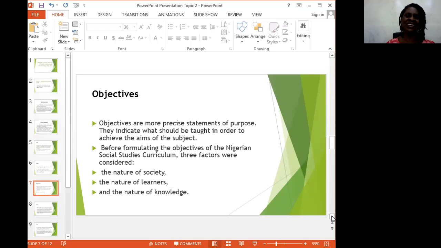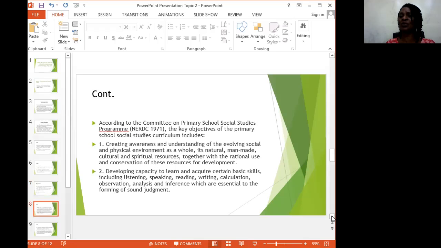And three, the nature of knowledge. I'll take that again. The first factor is what? The nature of the society. The second, the nature of the learner, which is very important. And third, the nature of knowledge that you want the individuals to achieve.